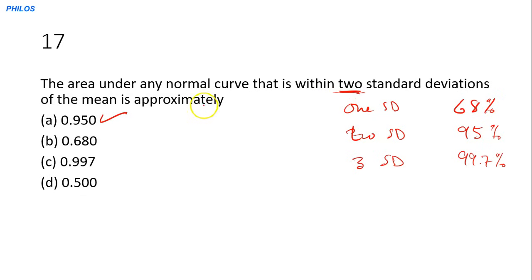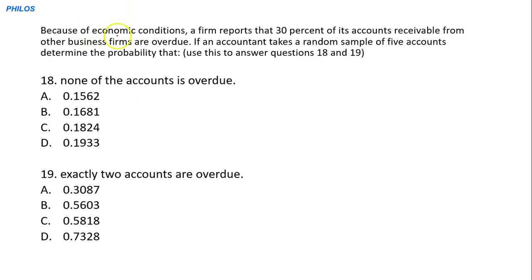Okay, so let's go to the next question. Because of economic conditions, a firm reports that 30% of its accounts receivable from other business firms are overdue. If an accountant takes a random sample of 5 accounts, determine the probability that, we should use this to answer 18 and 19, none of the accounts is overdue. It says 30%.